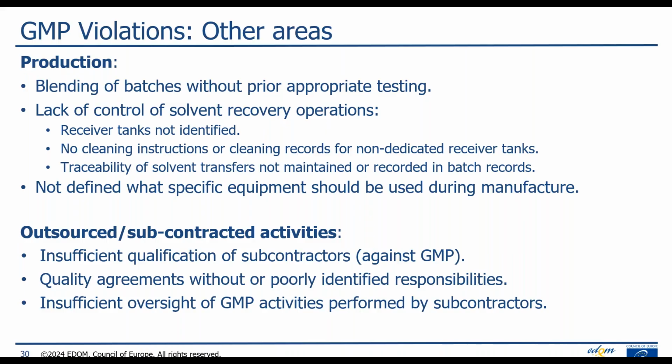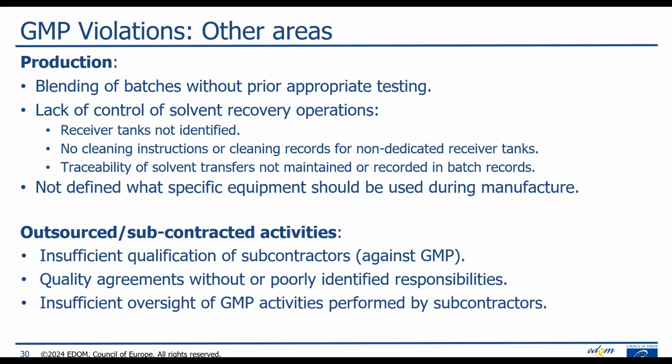Outsourced, subcontracted activities: insufficient qualification of subcontractors against GMP, and I also mentioned intermediates. Often intermediates are outsourced, and I have just seen there was also a question on intermediates in the list of queries submitted to Oshin. We will come back later to this. Quality agreements without or with poorly identified responsibilities and an insufficient oversight of the GMP activities performed by subcontractors.